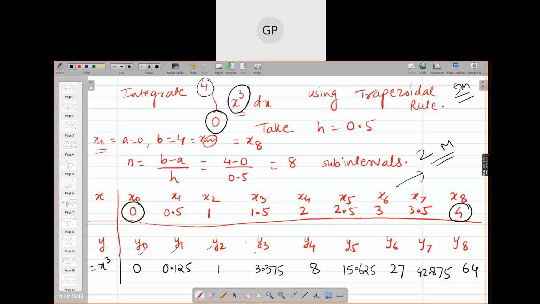Yes, ma'am. Now let us write the formula. We have found that n is 8, so we will write the formula up to there.